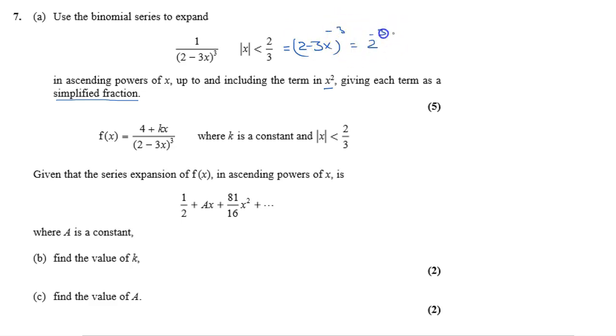2 to the power minus 3 is common, so we have 1 minus 3 over 2 x to the power minus 3.